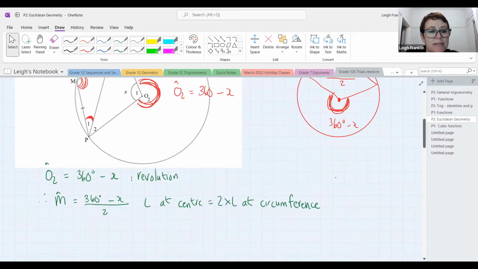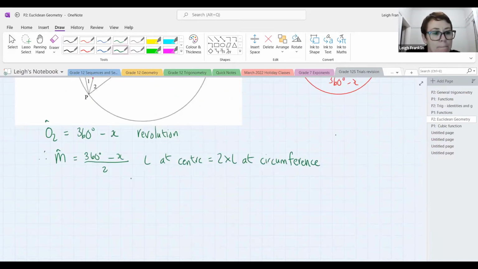Which means that M is equal to 180 minus 1/2 x.